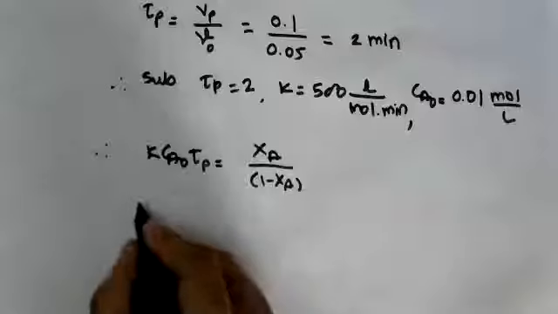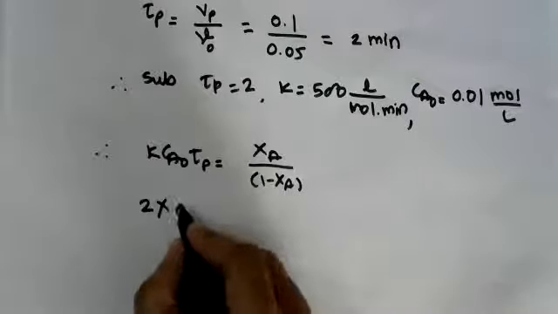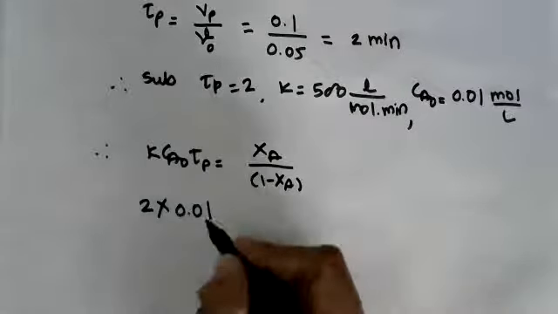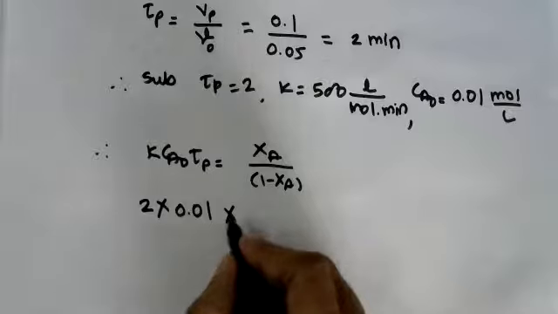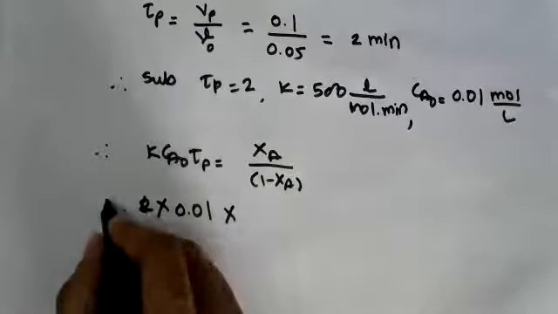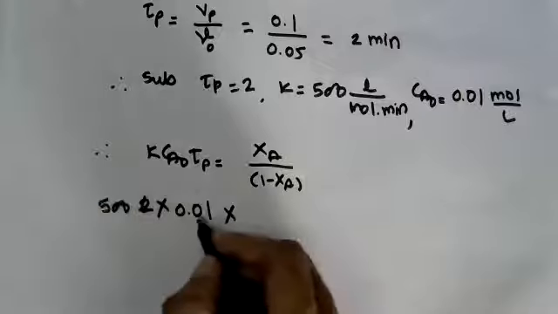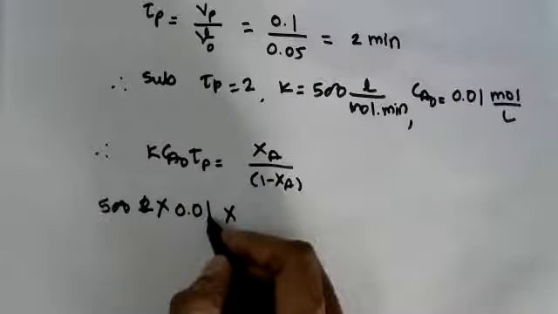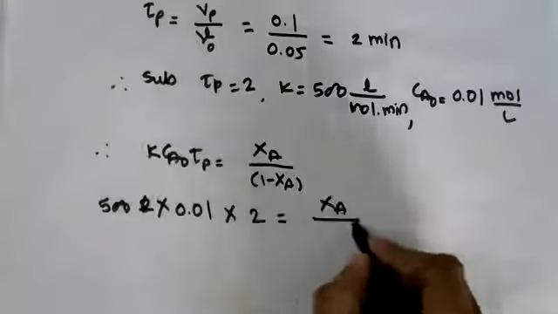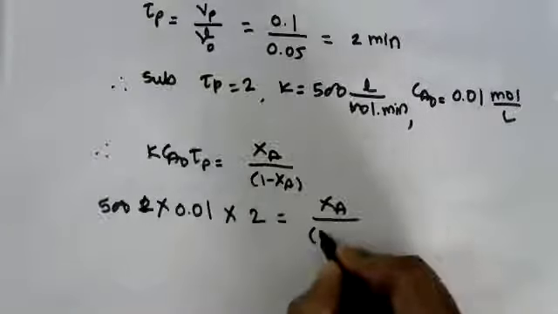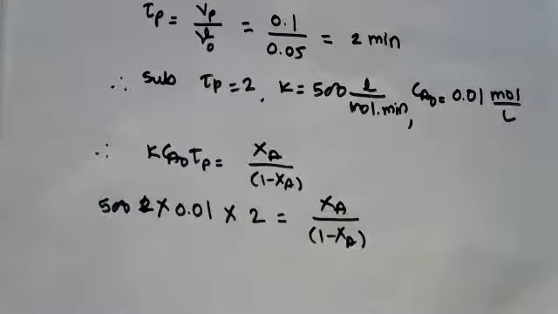So if you substitute 2 into 0.01 multiplied by k equal to 500, CA0 is 0.01 and tau p equal to 2, it is equal to xa upon 1 minus xa. That gives 10.